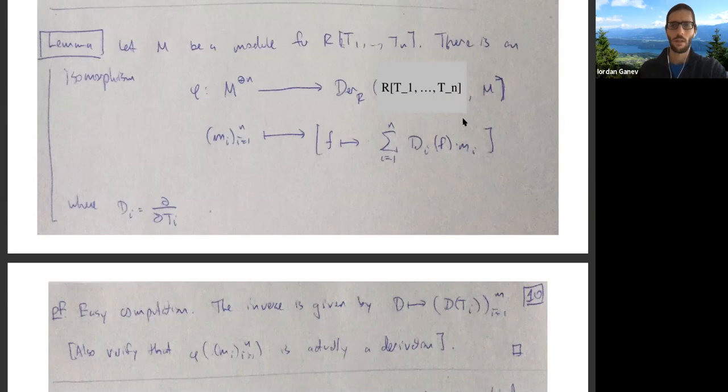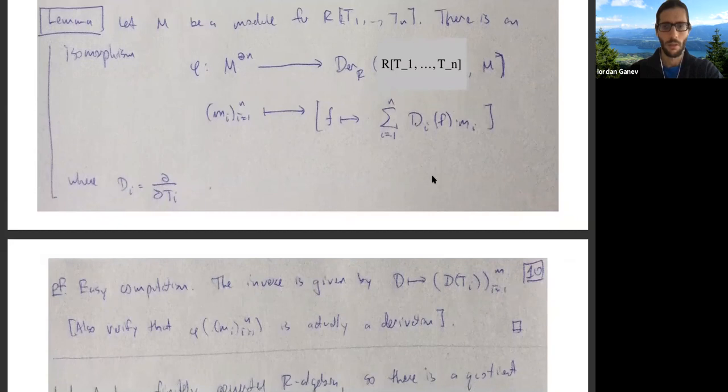Both to define a derivation and to define an R-algebra homomorphism, it's enough to specify things on the generators, except with an R-algebra homomorphism you extend using the fact that it preserves products, but here you extend using derivations. So if we have a derivation and we look at where these Ti go, that determines everything else, just by the Leibniz rule.